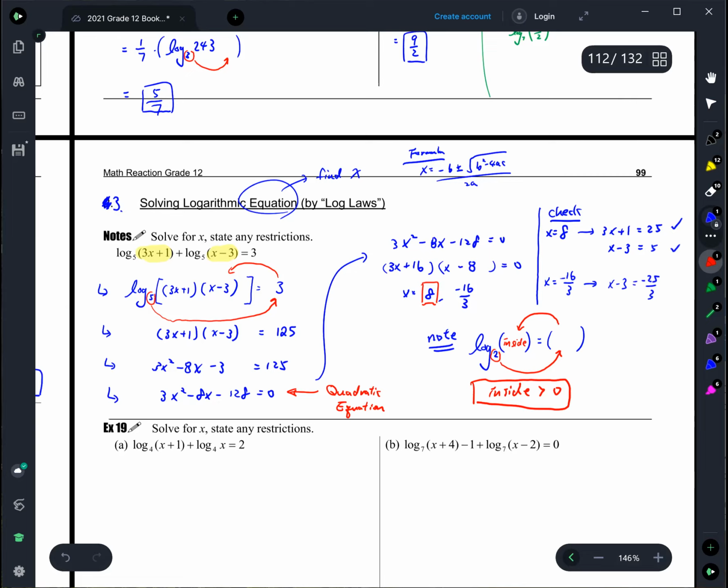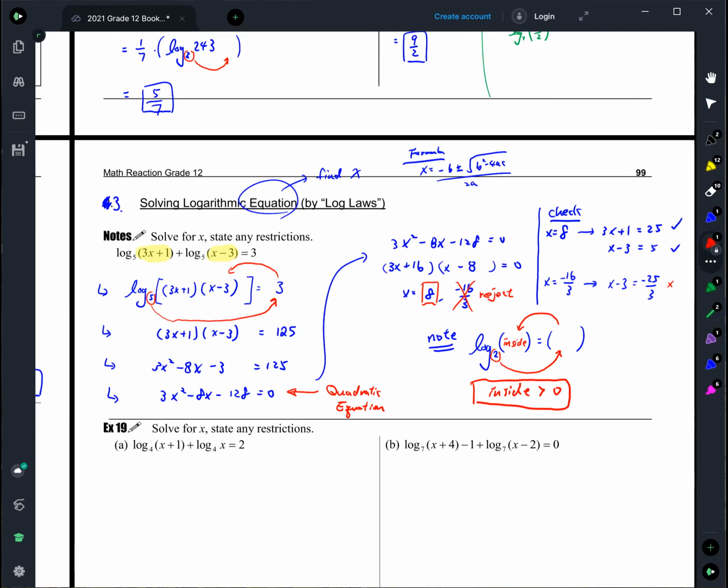So this one is a fail. So we have to reject this. We don't reject it because it's a negative answer, we reject because it makes the inside negative. So this is the last thing you have to do before you box your answer.